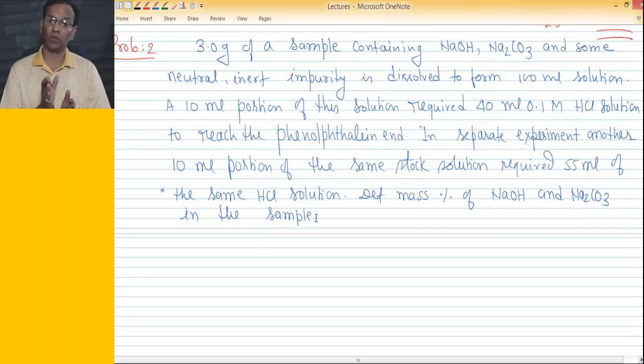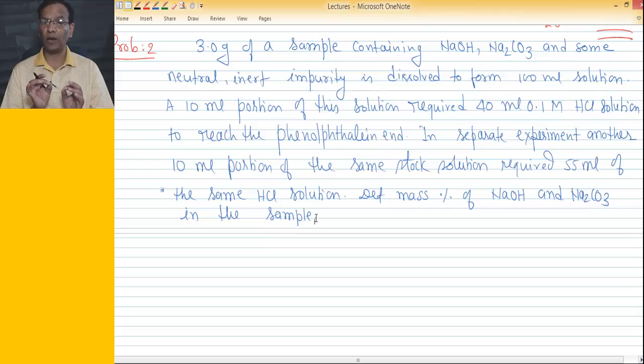So pH of the solution will still be greater than 10, and if phenolphthalein is there, the solution will be pink color. So no color change will be observed. Now if acid is added further, sodium carbonate will start converting into sodium bicarbonate, and the point at which sodium carbonate is converted completely into sodium bicarbonate, then only the solution will become colorless.